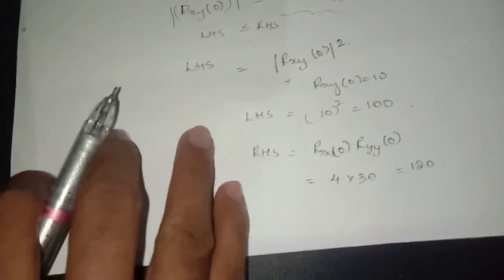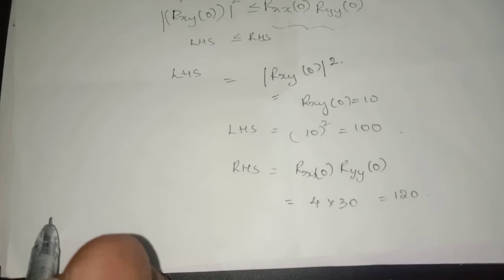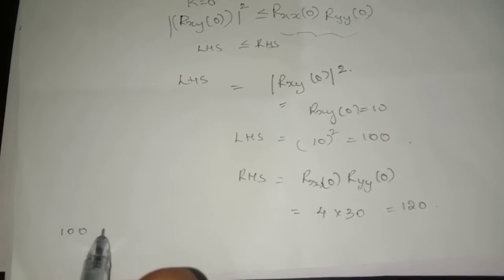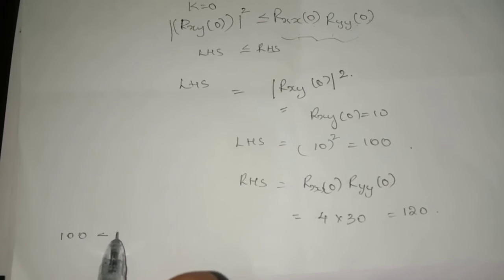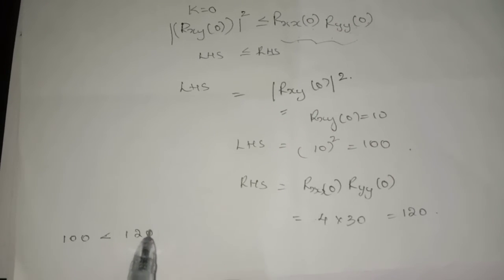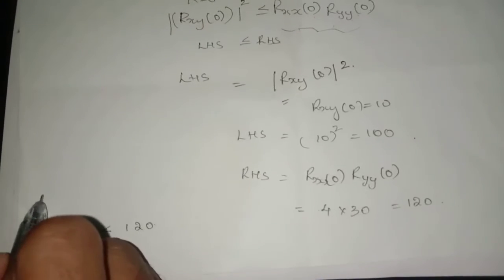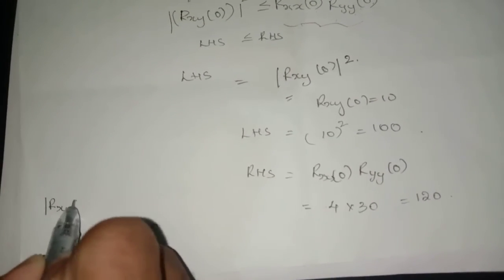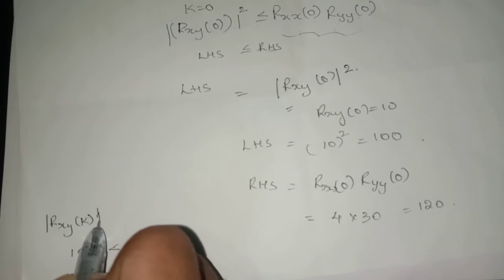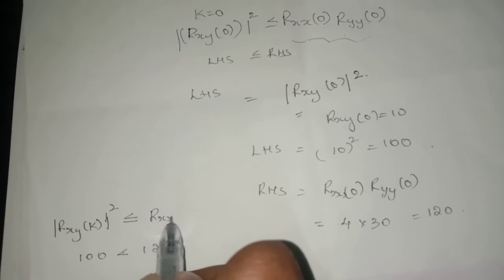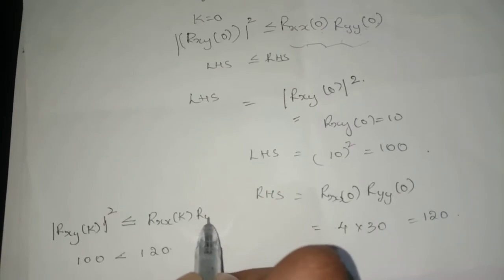So from this let us tabulate that LHS is less than or equal to RHS. So LHS is 100, which is less than RHS, that is 120. See, here we have proved the energy property, that is, rxy of k whole square is less than or equal to rxx of k times ryy of k.